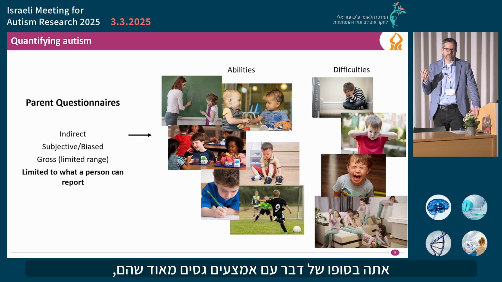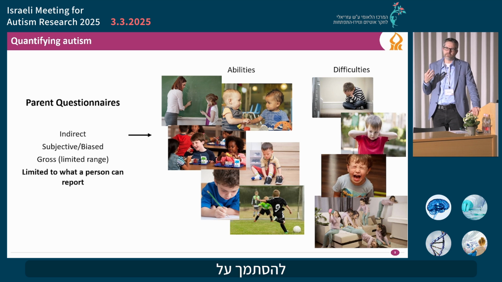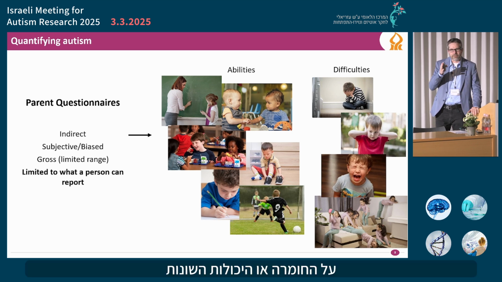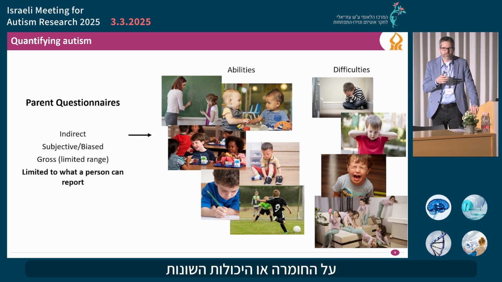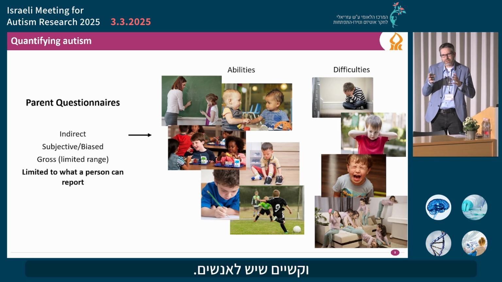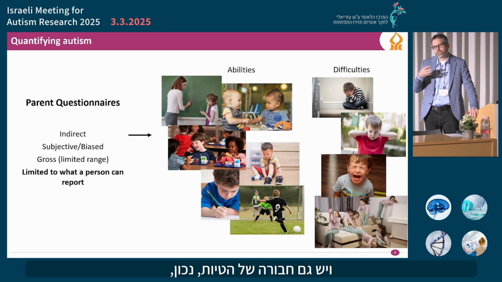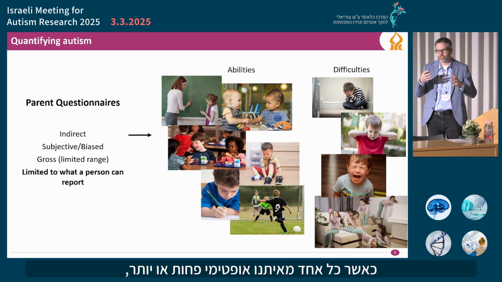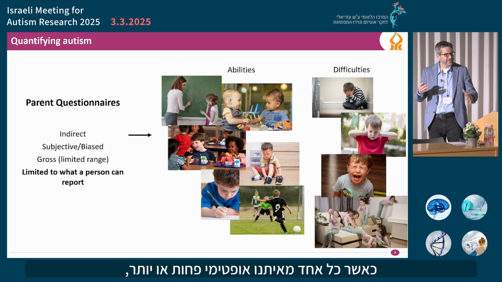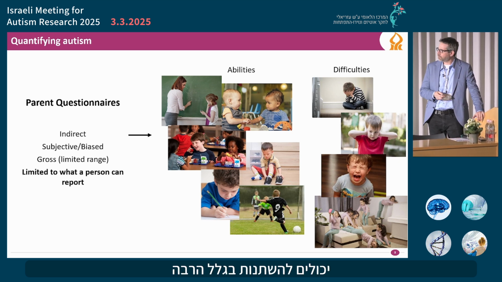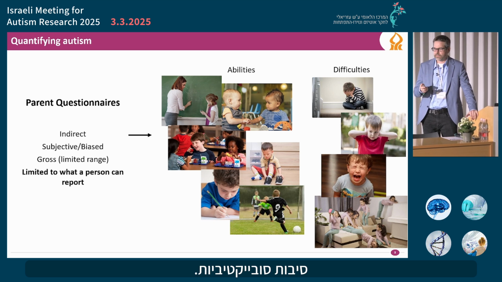You end up with very gross measures, you have to rely on what the person is telling you, and people are not very accurate in telling you about the severity or the different abilities and difficulties that individuals have. There's also a bunch of biases, right? Each one of us is more or less optimistic or pessimistic, and so scores can vary because of many subjective reasons.